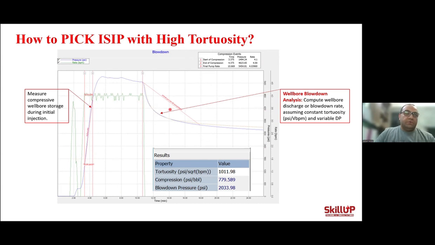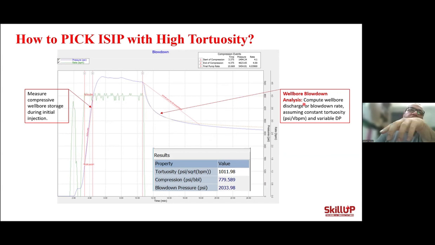And you need to know this technique, guys, because I already heard many people coming from different backgrounds who actually use many techniques, and all of them are really wrong. But if you go behind the theoretical background of this wellbore blowdown, you will find that this is one of the most accurate methods to get the ISIP.